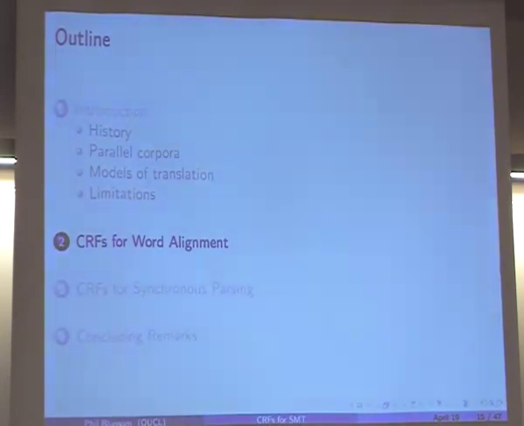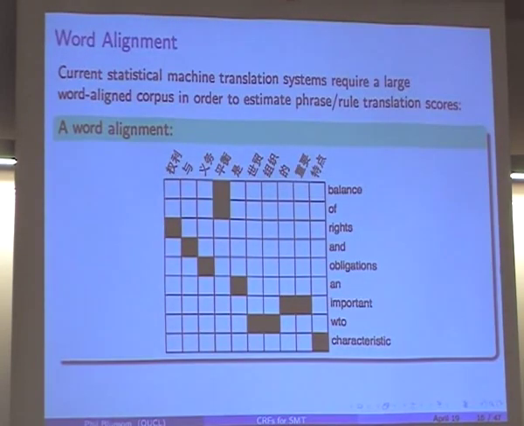I'll move on to word alignment and using conditional models for word alignment. Those of you that work with machine translation know that we generally start with a large parallel corpus and then run some sort of generative word alignment model over that corpus.